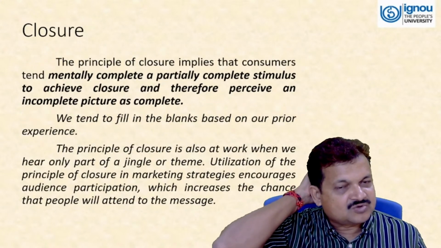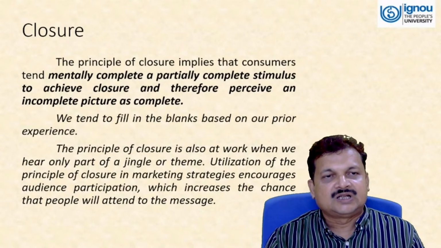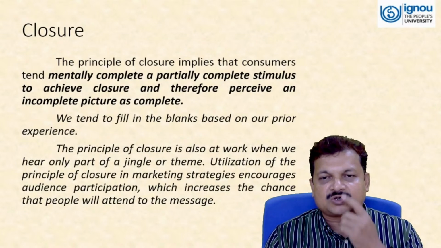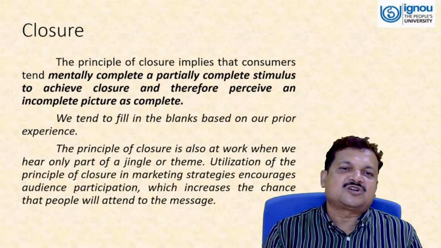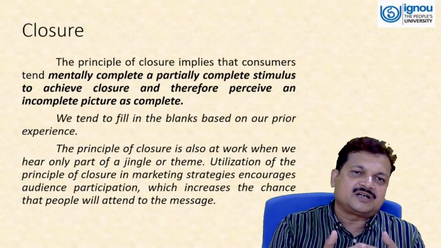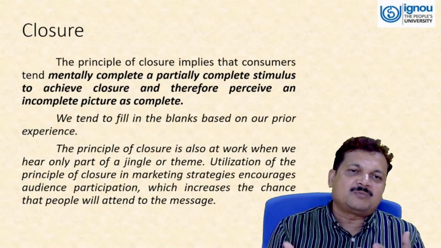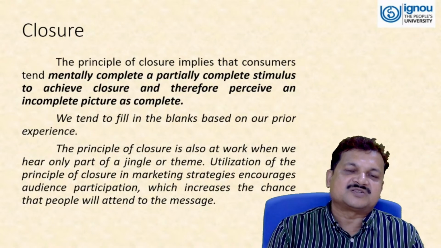Closure, that is what we have already read in the case of perception. Each individual person has a tendency that any picture that is half completed, or any form that is completed or half completed, my human mind is like that, it will complete it, making this particular picture complete.